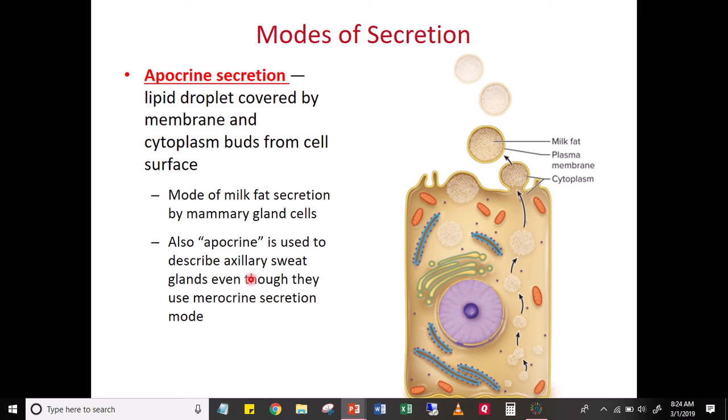We use this term apocrine to describe axillary sweat glands, or sometimes urogenital sweat glands as well. I always call these the stinky sweat glands. We used to think that those glands in our armpits and down by the genitals and the perineum area made their secretion via apocrine secretion, but now we know that those glands actually go through a different process known as merocrine, which we'll talk about in just a moment.